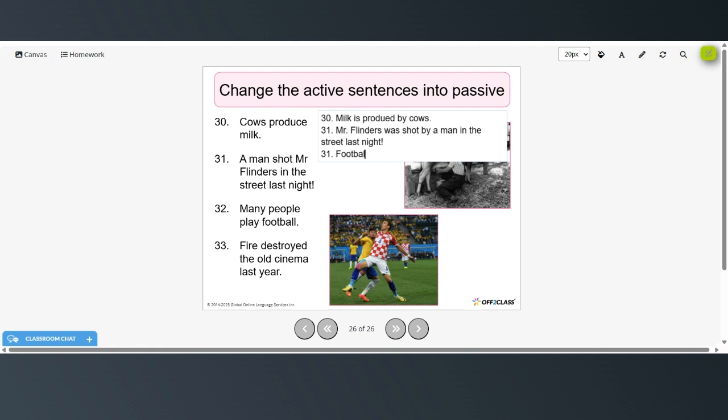Football is played by many people. And the old cinema was destroyed by fire last year.